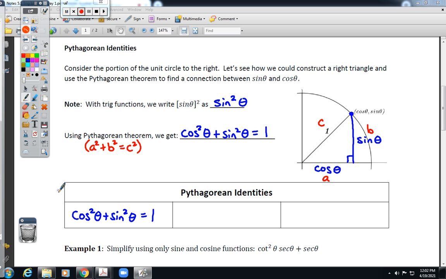Now, if we take that identity and divide it by stuff, we can come up with two other identities that are related to the Pythagorean theorem. If we divide everything by cosine squared, we get 1 plus tangent squared equals secant squared, which is our second Pythagorean identity.